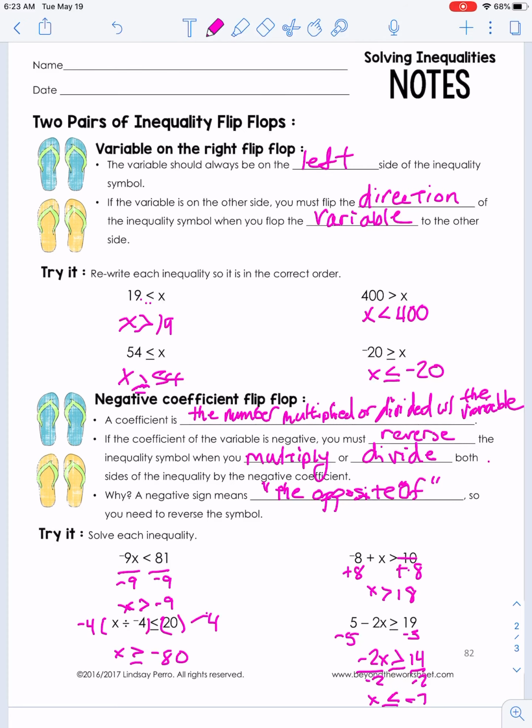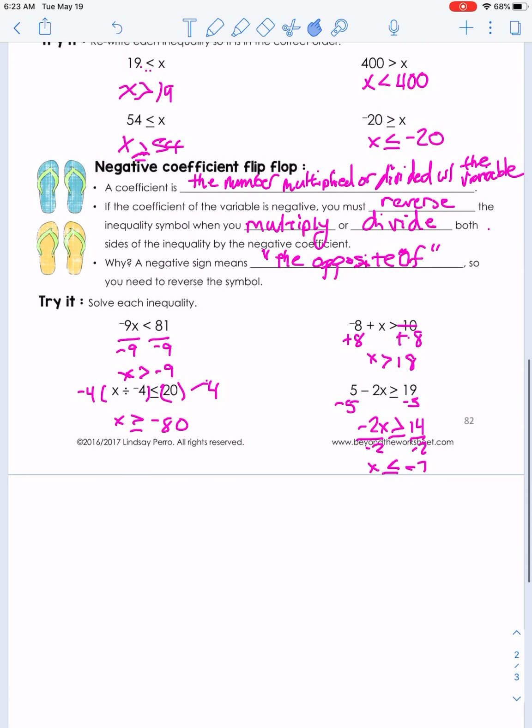Let's put that one back in and check our answer. So we have 5 minus 2 times -7 is greater than or equal to 19.